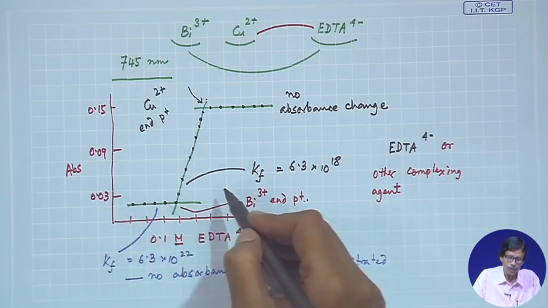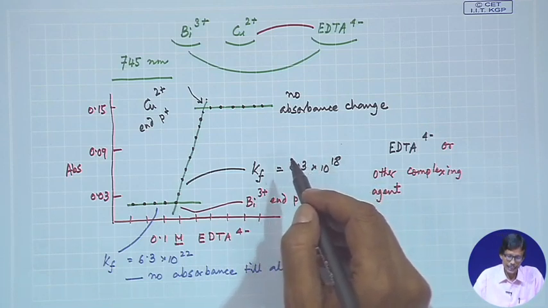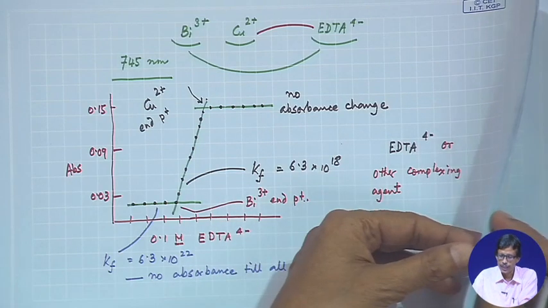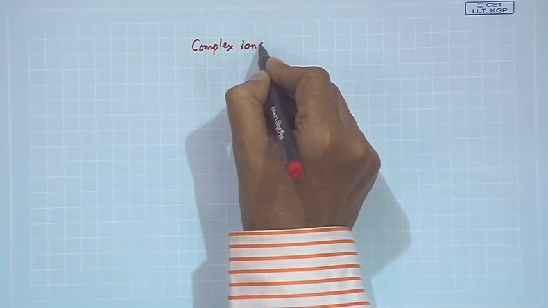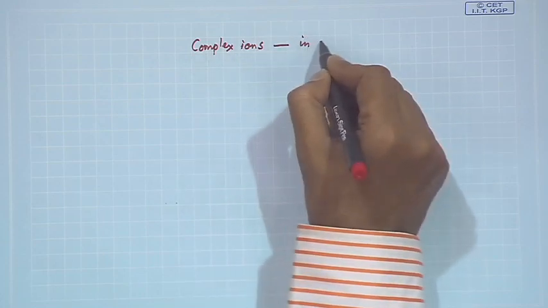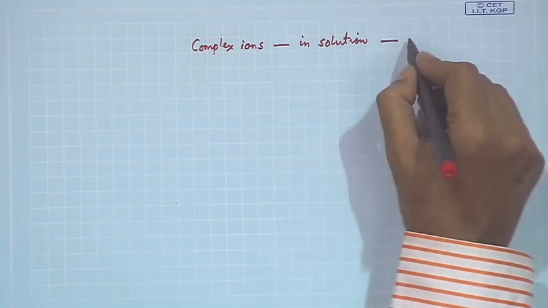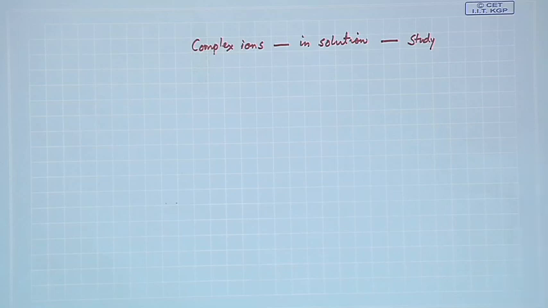So, we can handle aluminum with any transition metal ion, because most of the time transition metal ions give some colored species for absorption in these photometric titrations. So, this can give rise to some important information, that if we have some complex ions in solution, we can study them nicely by this sort of complexation reaction.